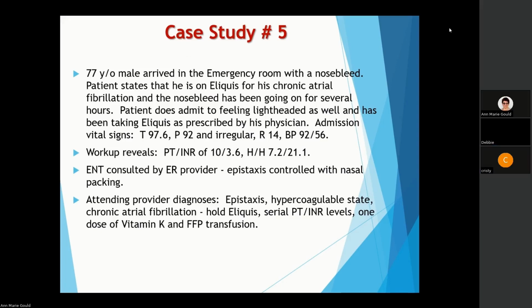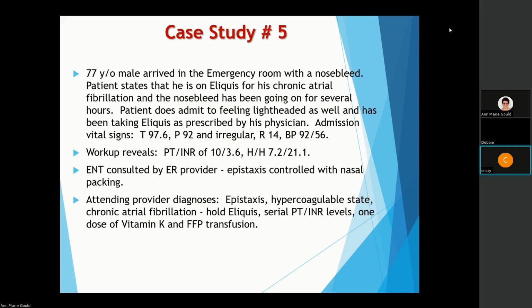Case number 5, 77-year-old male arrived in the emergency room with a nosebleed. Patient states that he is on Eliquis for his chronic atrial fibrillation, and the nosebleed has been going on for several hours. Patient does not admit to feeling lightheaded, and has been taking Eliquis as prescribed by his physician. Admission vital signs 97.6, 92 irregular, 14, and 92/56.